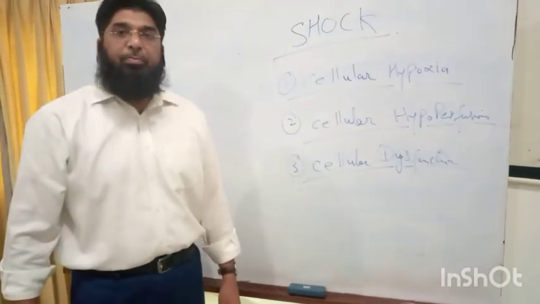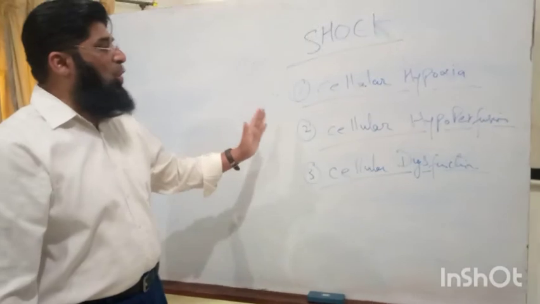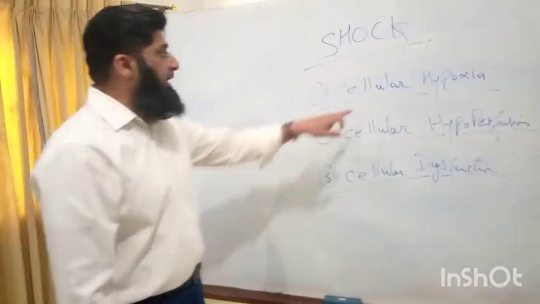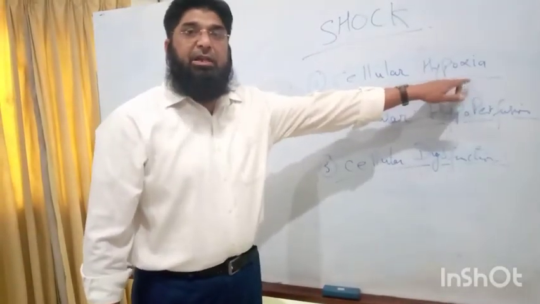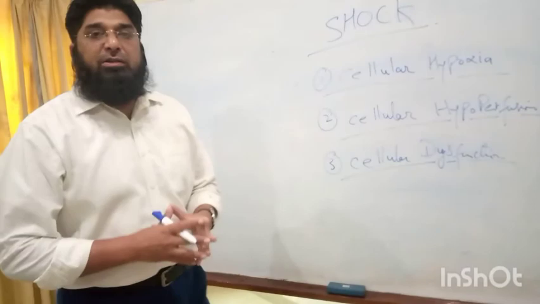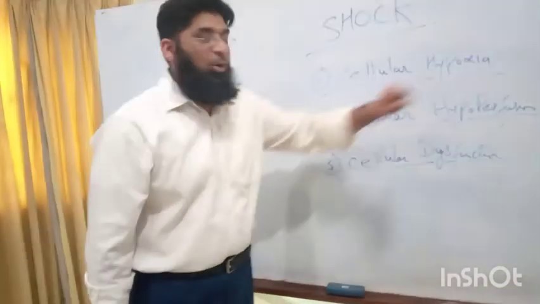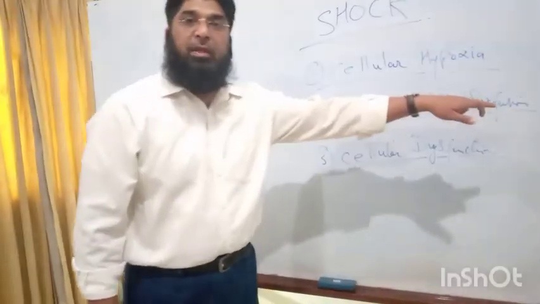Okay students, these three mechanisms are common to all types of shock. Always keep them in mind. Number one, cellular hypoxia. There is decreased supply of oxygenated blood, which leads to cellular hypoxia. Number two, cellular hypoperfusion.